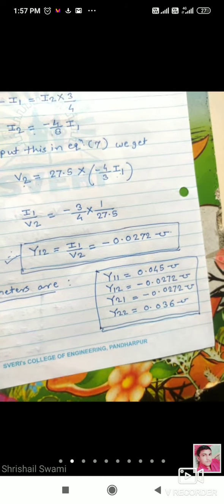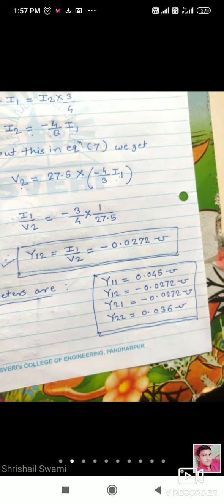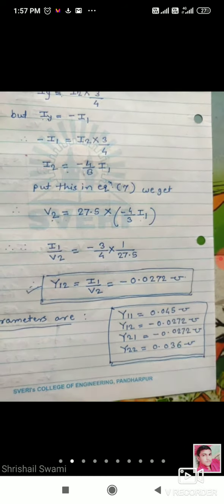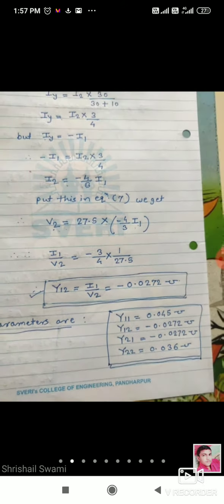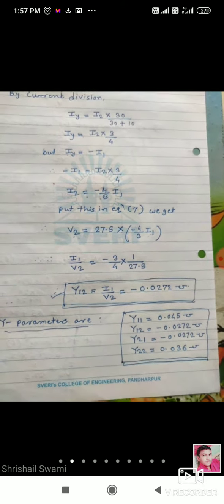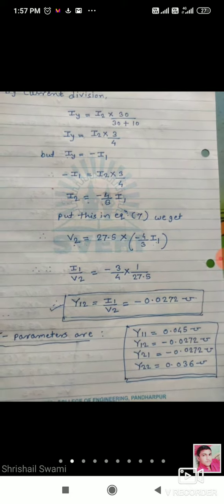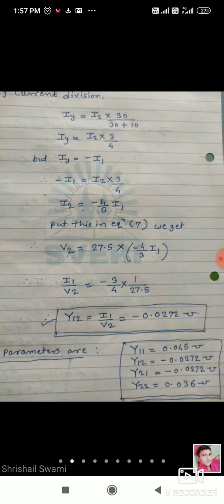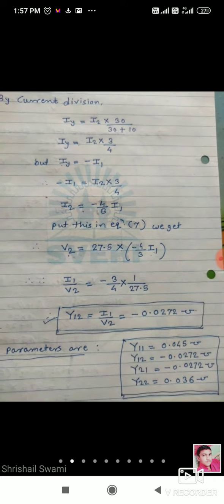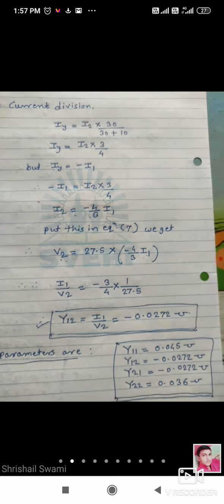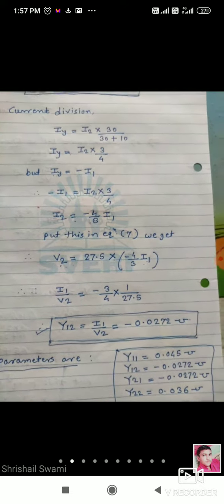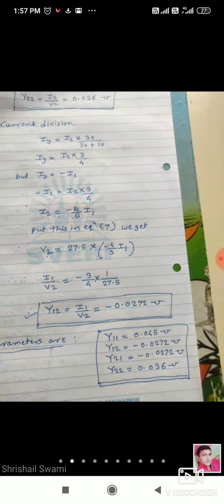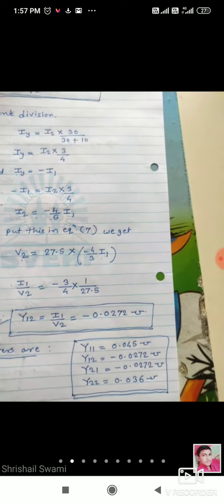Such types of problems are asked for 4 marks in the university question paper, and every time there will be two problems from the third unit. These two problems may be based on any parameter, Y, ABCD, Z, H, whatever the type.